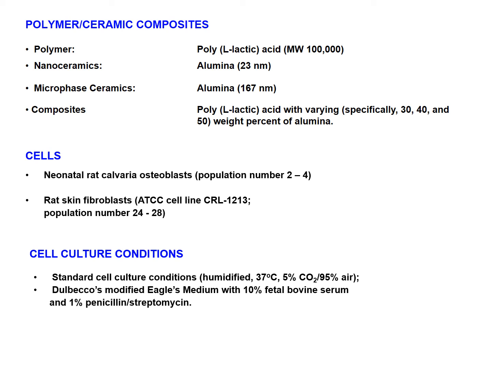The cell conditions were standard cell culture conditions, a humidified 37 degrees centigrade temperature, 5% CO2, balanced air, and Dulbecco's modified Eagle's medium and 12% fetal bovine serum, standard cell culture conditions for the osteoblasts used in the study.